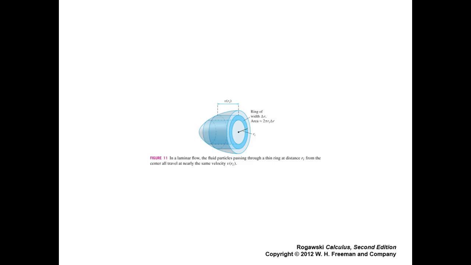Then let's look at the total flow rate, Q of I. This is the flow coming out of there. So your Q of I, that's of that ring, would be the cross-sectional area, which is your 2 pi r(I) delta r, times your velocity, and that's your v of ri.